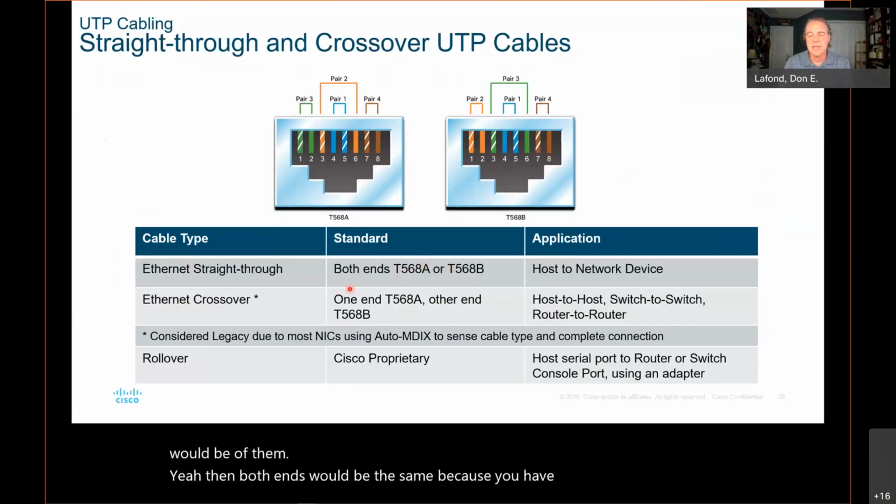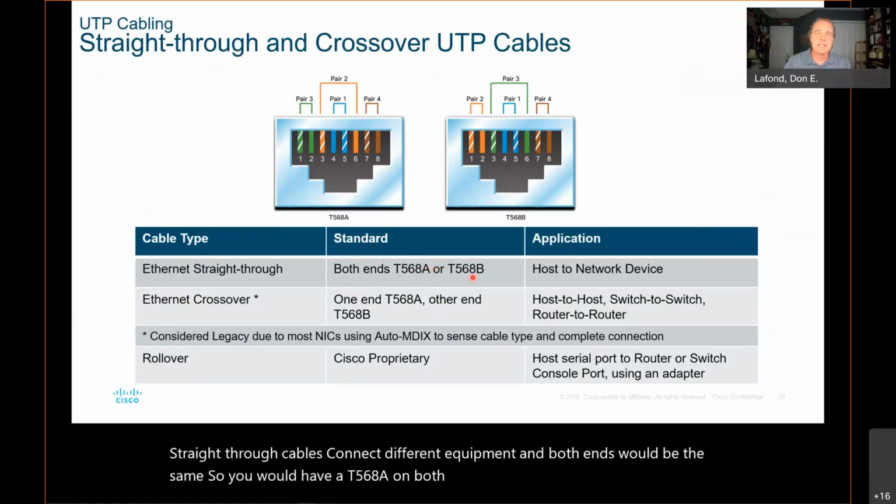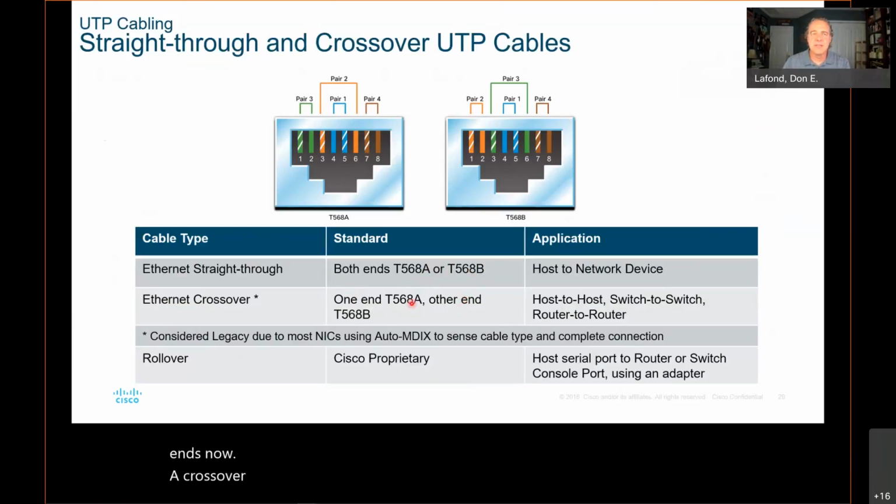Straight through cables connect different equipment, and both ends would be the same. So you would have a T568A on both sides, or you would have a T568B on both ends. Now, a crossover cable is one end T568A and the other T568B.